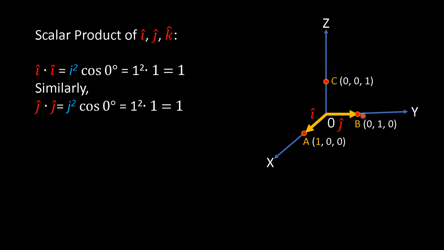This is j cap, unit vector along the axis OY. And k cap dot k cap will be k squared cos 0 degrees. k being unit vector, its magnitude will be 1. So k squared will be 1 squared and cos 0 is 1. So k cap dot k cap will be 1, where k cap is unit vector along the axis OZ.